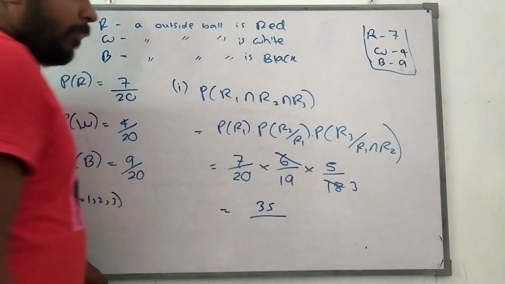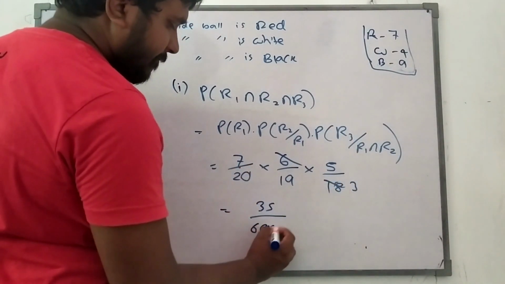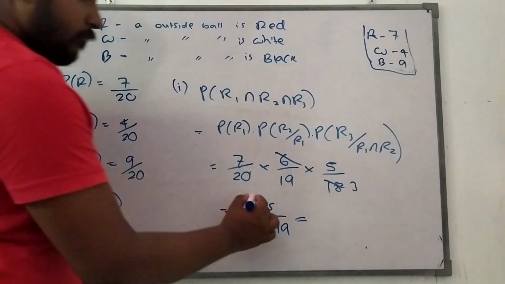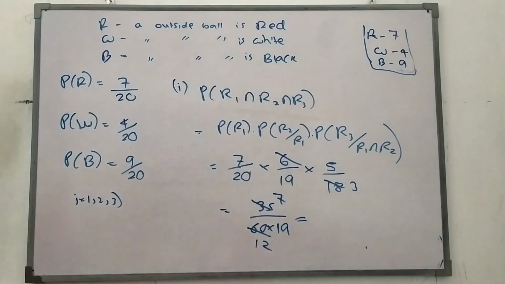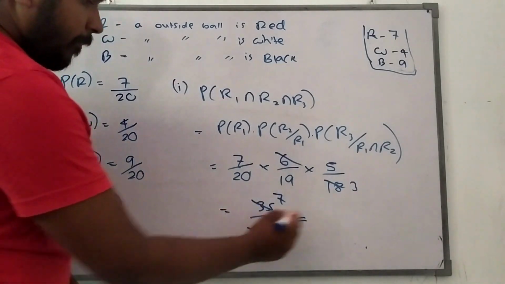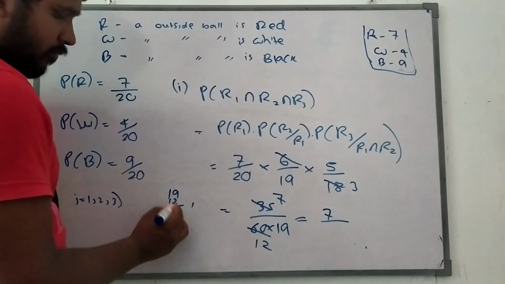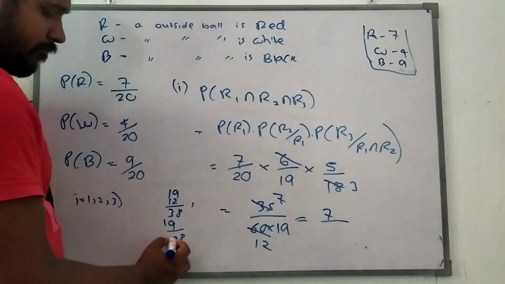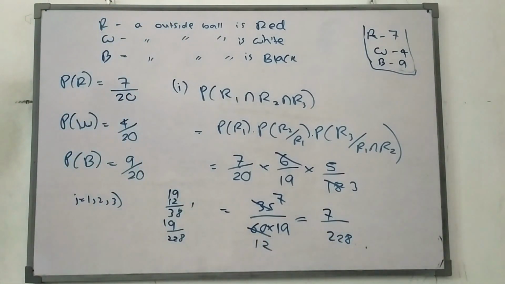So 35 over 60 into 90. So this is the answer of the first one.